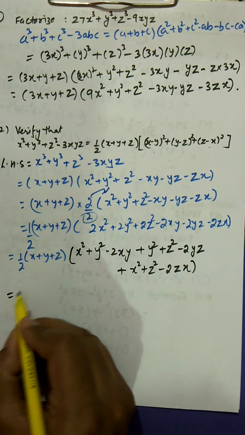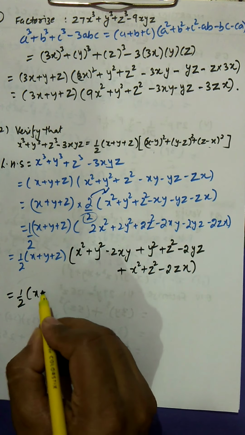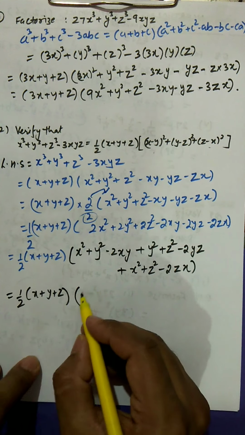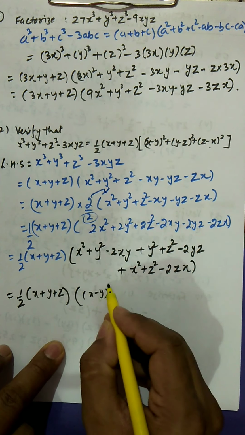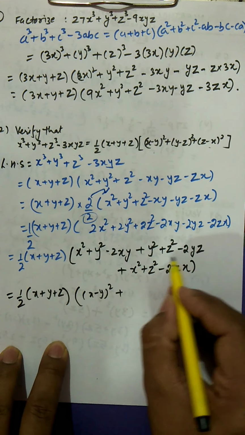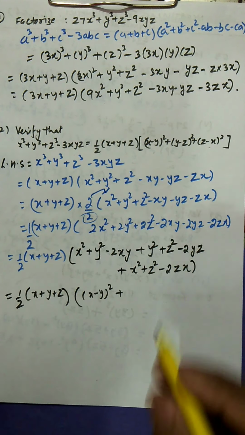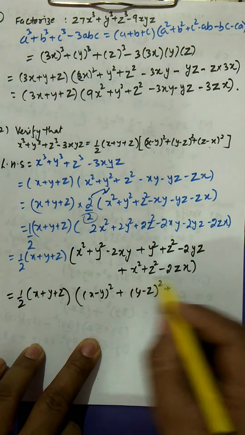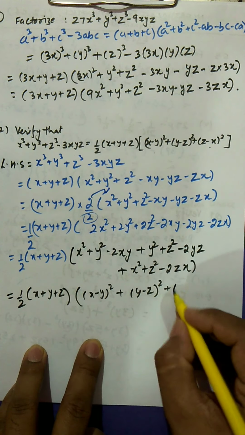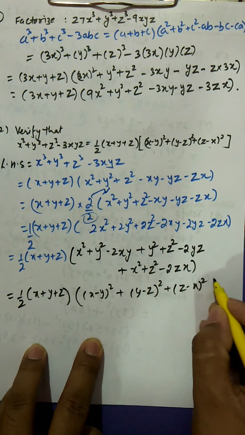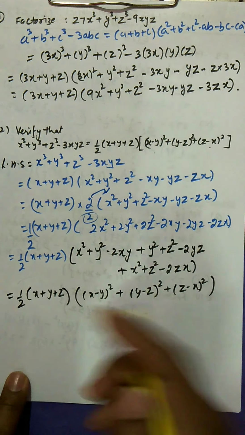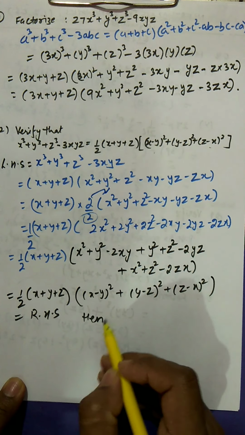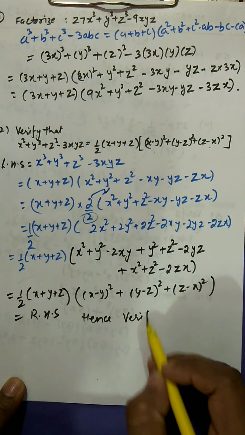So the last step will be just to apply this identity: x plus y plus z, and the first three terms will give you x minus y whole square, these three terms will give you y minus z whole square, and this will give you z minus x whole square, and that is your RHS. So this is hence verified.